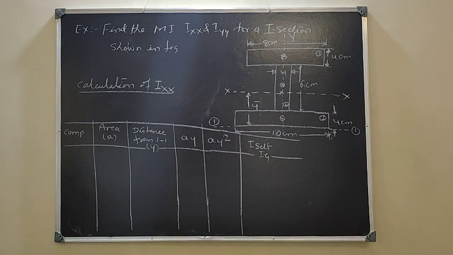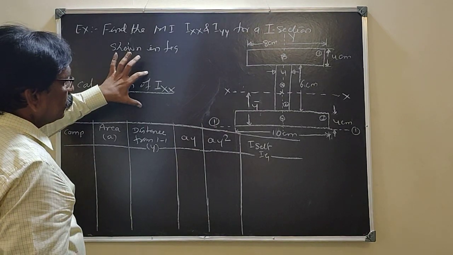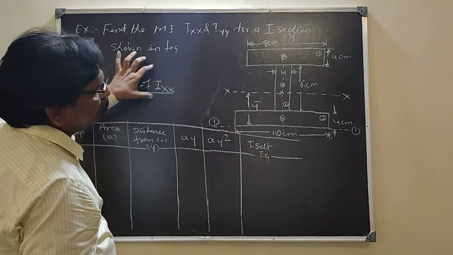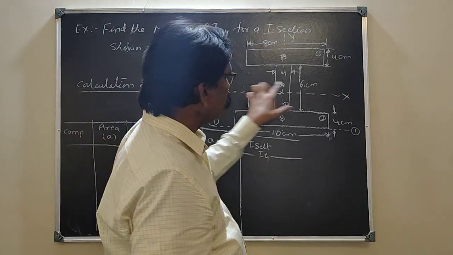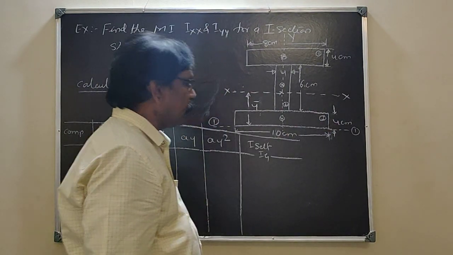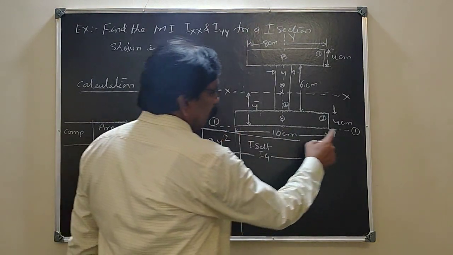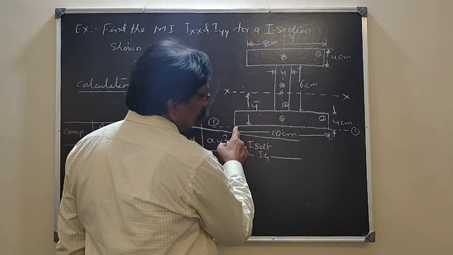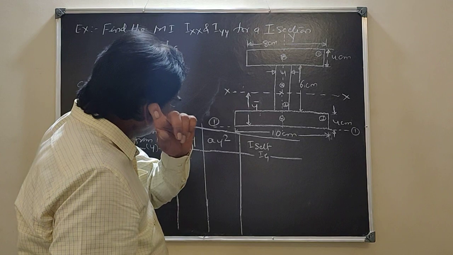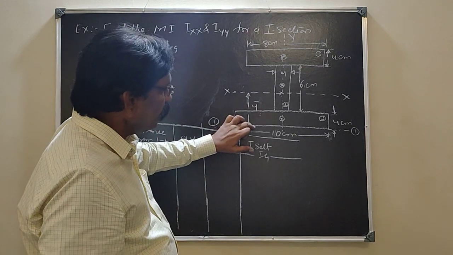So now the calculation of Ixx, that means the moment of inertia of this I section about its centroidal axis xx. The reference axis is 1-1 touching the bottom, as you have taken for the calculation of center of gravity, the same thing you have taken here also.